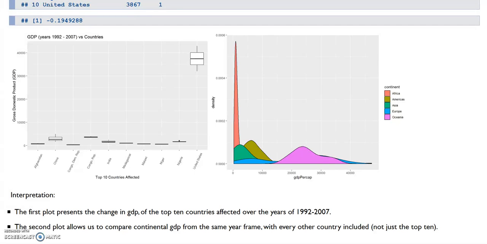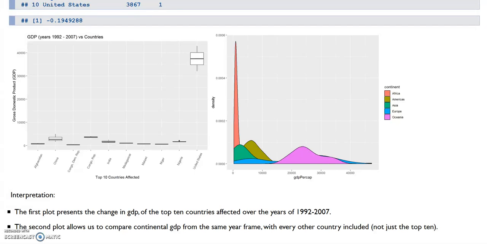So you see there were some very wealthy African countries represented over here. So with that though, we see that there are a low number of, and actually they're not as wealthy, but with African, there are a lot of areas in Africa that have a low GDP, and that's why we have the huge spike.